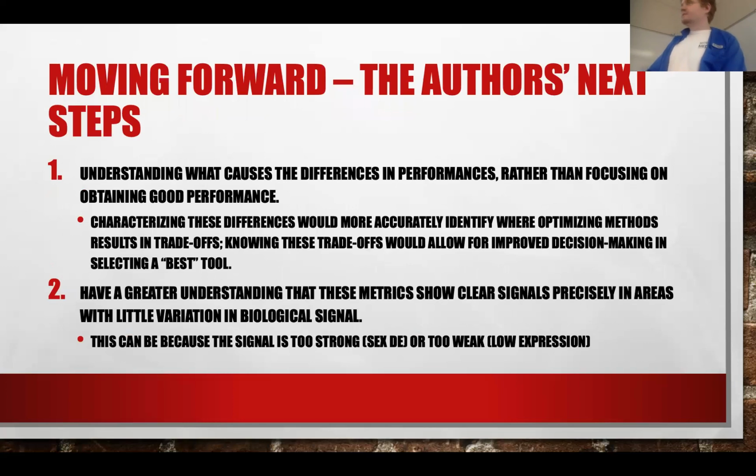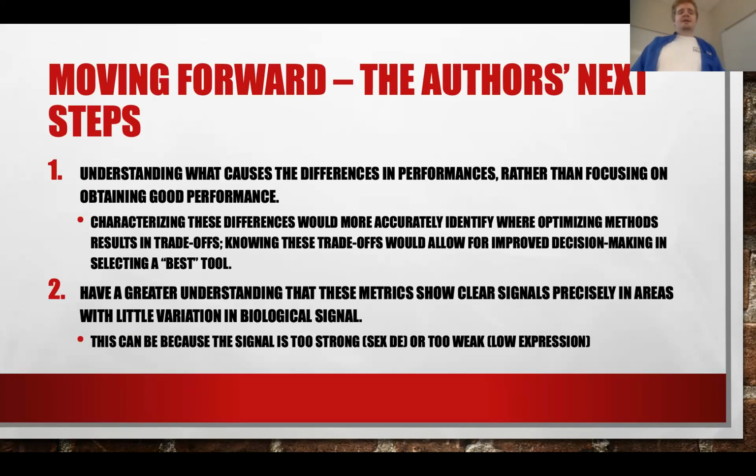The steps they suggest are, first and foremost, understanding what causes the differences in performance rather than focusing on obtaining good performance. Understanding these differences can more accurately identify where optimization methods result in trade-offs. Knowing these trade-offs would allow for improved decision-making in selecting a so-called best tool.